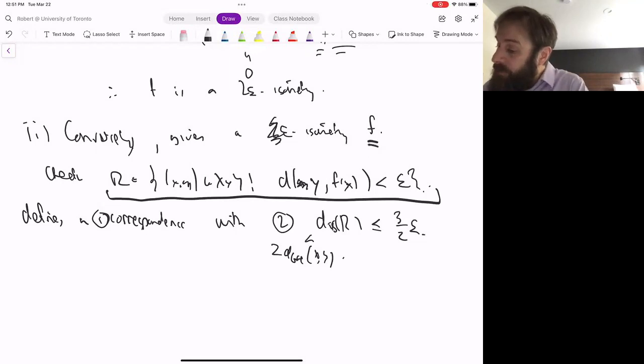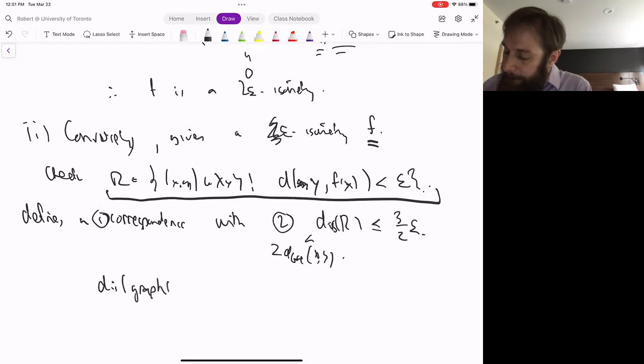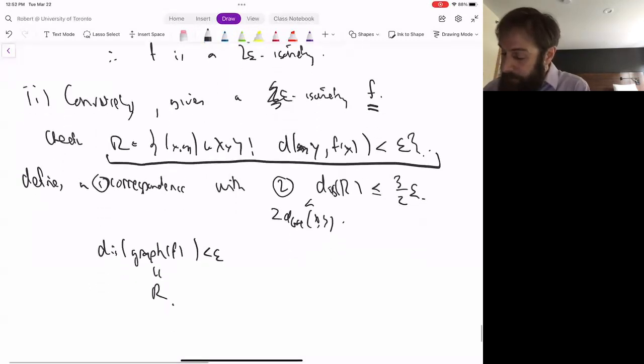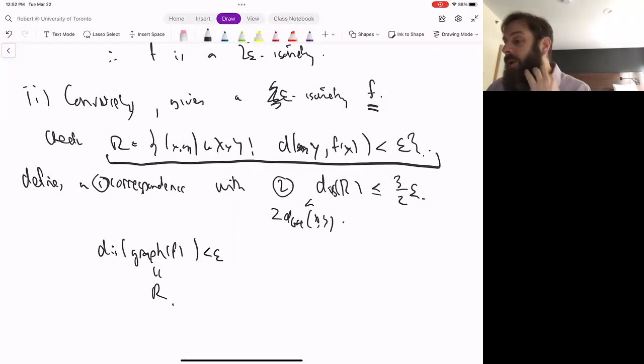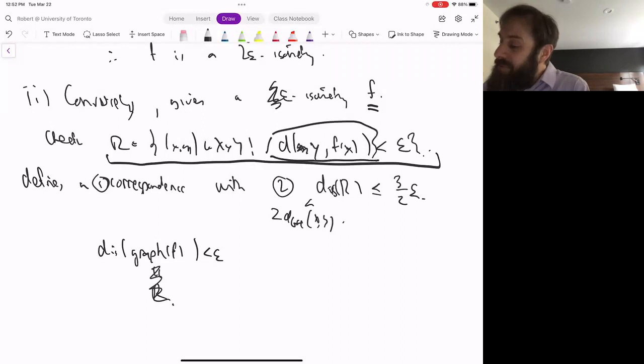So what does it mean to be an epsilon isometry? It means that the distortion of the graph of f is less than epsilon, and basically the graph of f is this relation. Oh no, sorry, this isn't quite the graph of f, because I didn't insist that this distance be 0. If I insisted that, then I would be writing the graph of f.